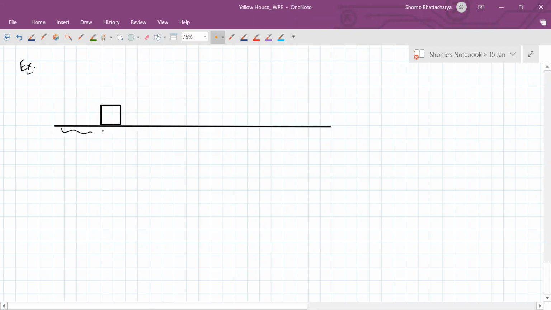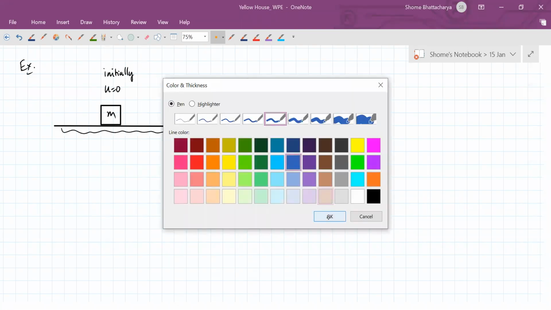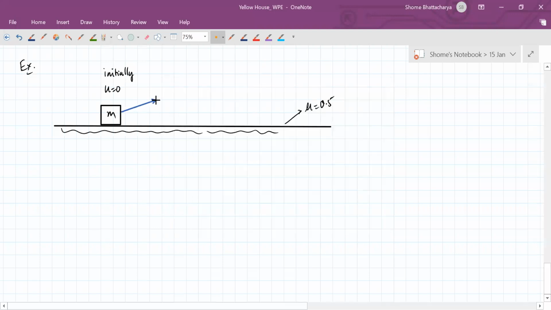We have a rough surface which has a coefficient of friction equal to 0.5, and this block is initially at rest. Now we start pulling it with a constant force. But that force is applied in this manner. A constant external force F is applied like this.